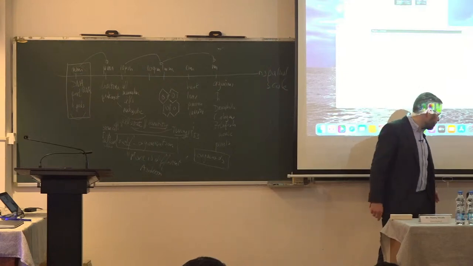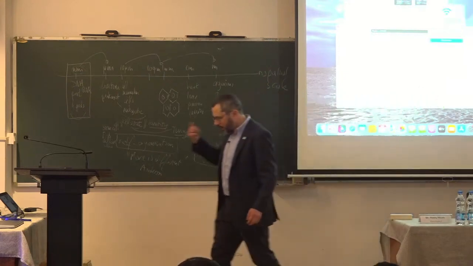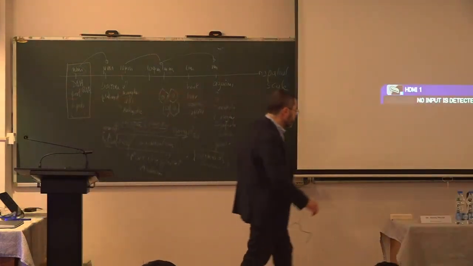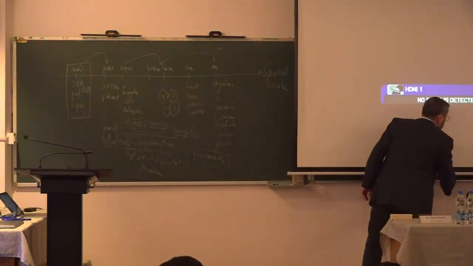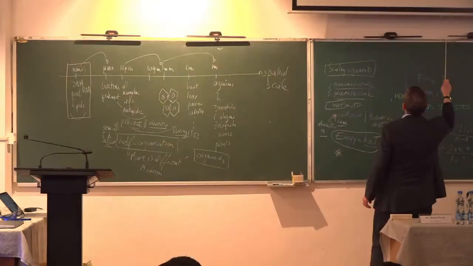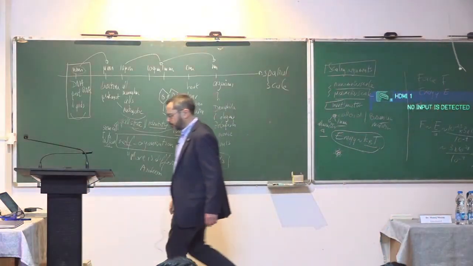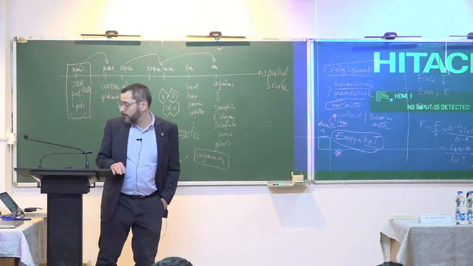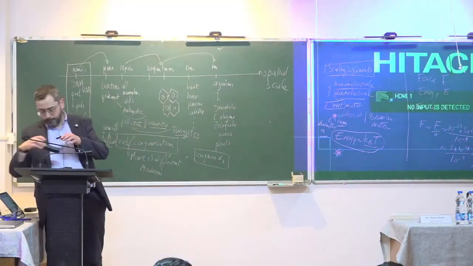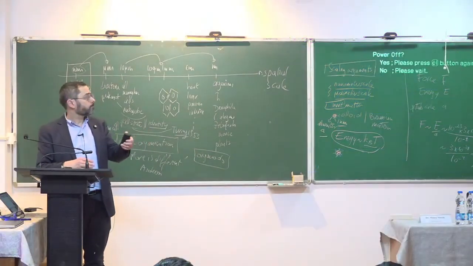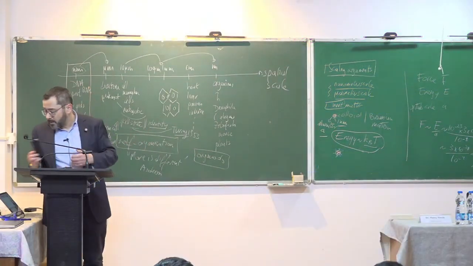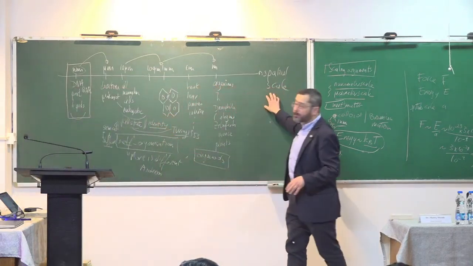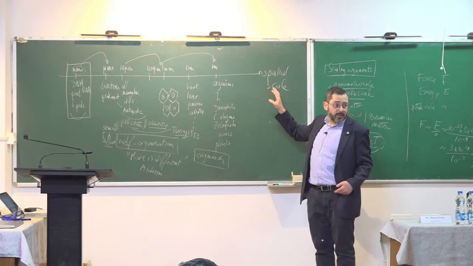I have 3 more minutes and I would like to wrap up everything that I've been presenting today. I was starting with a general introduction about the spatial scale of living matter.